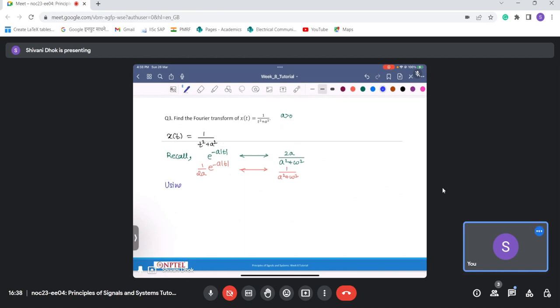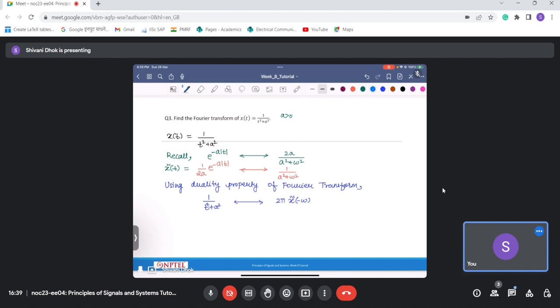So using the duality property of Fourier transform, the signal 1 upon t square plus a square will have a Fourier transform of 2 pi x tilde of minus omega, where this x tilde of t is simply 1 over 2a e power minus a mod t.